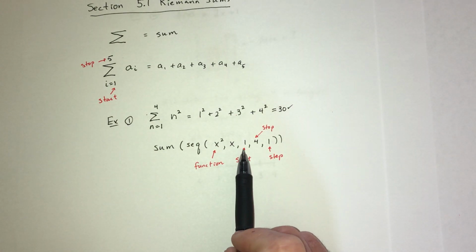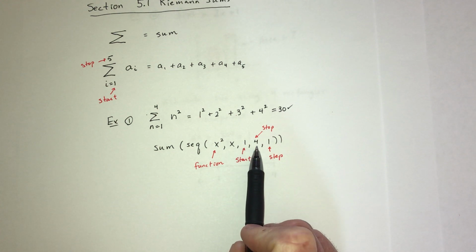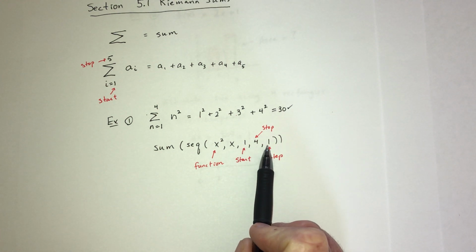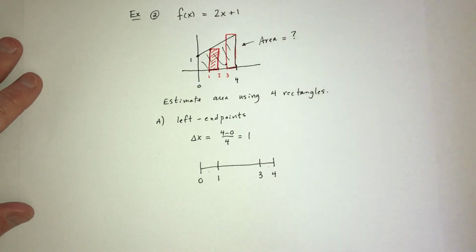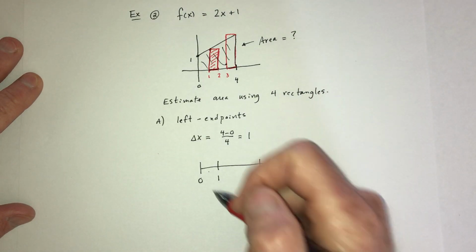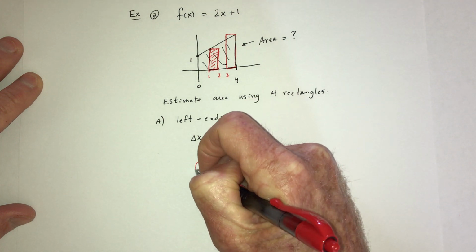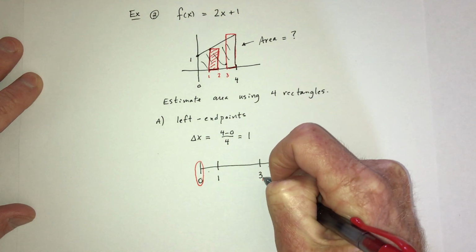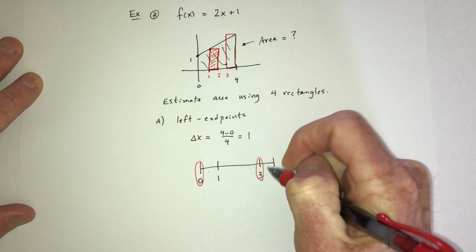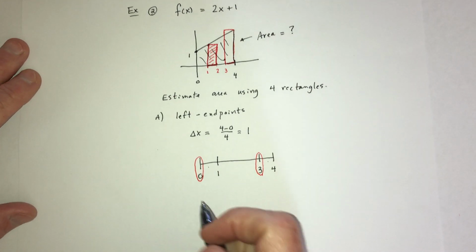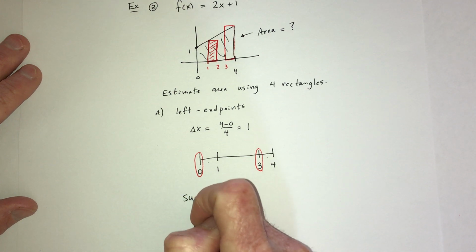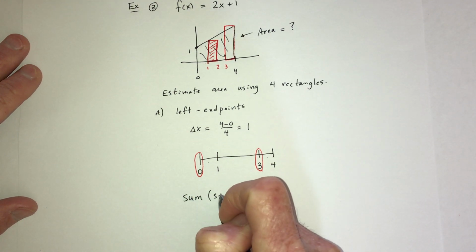So you need to be able to tell it where to start, where to stop. And then this will be the delta x. So this is going to be using left endpoints. So it's going to actually start with this one. And then it's going to use the left endpoints until it gets to the 3. So for this one, it's going to be sum the sequence.